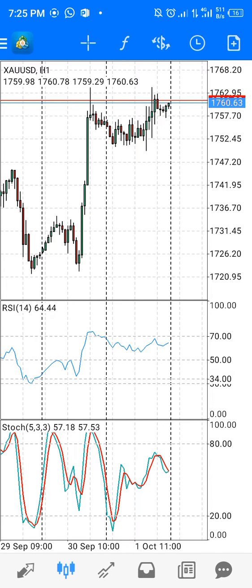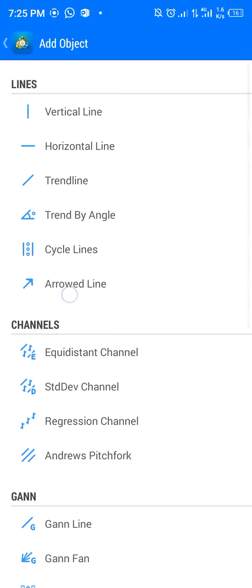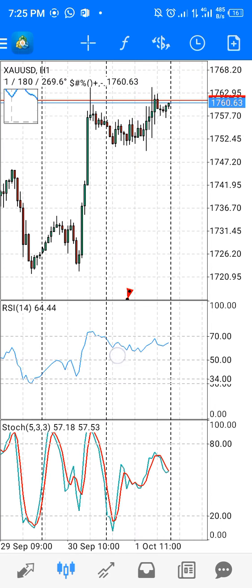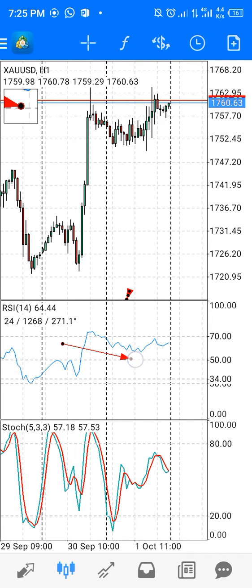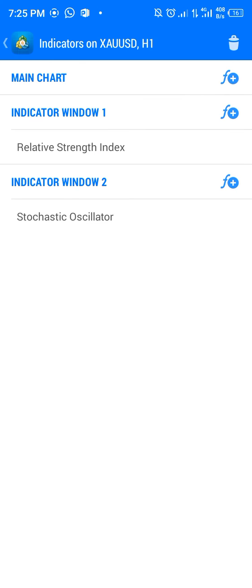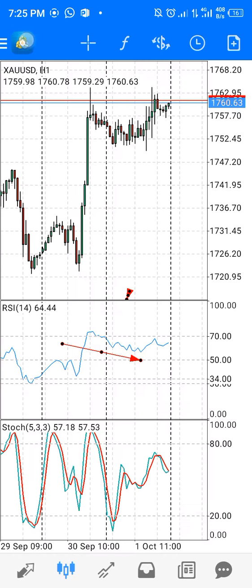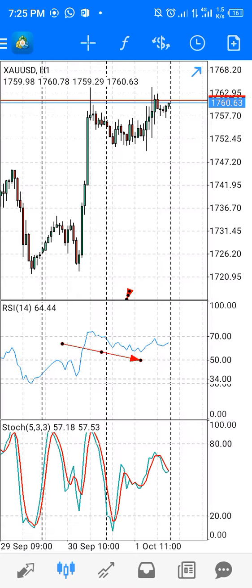You can see here we have the RSI, and we have also our stochastic. So these are the two indicators that I'll be using to trade the forex pairs.